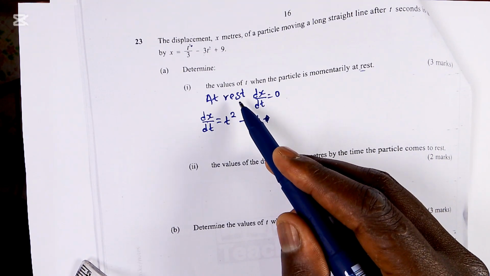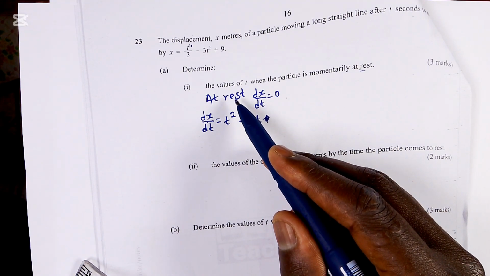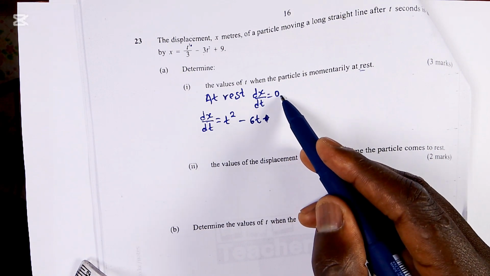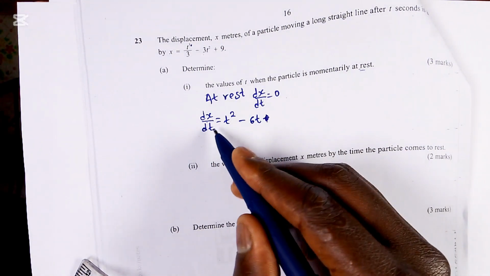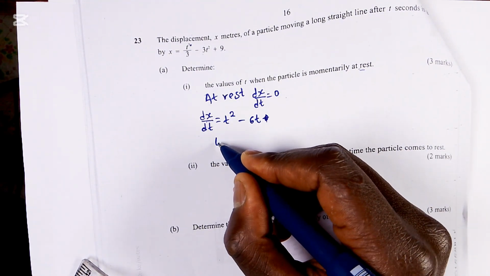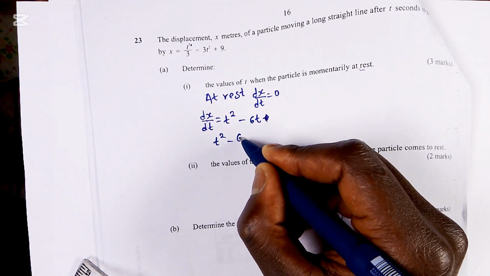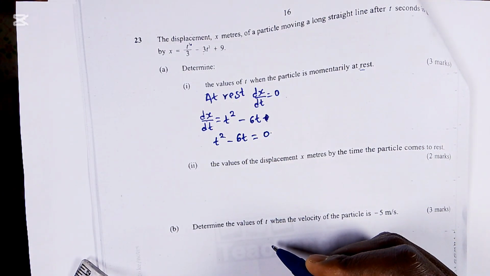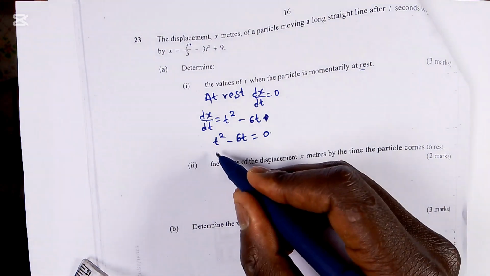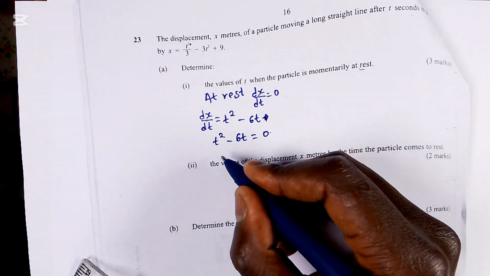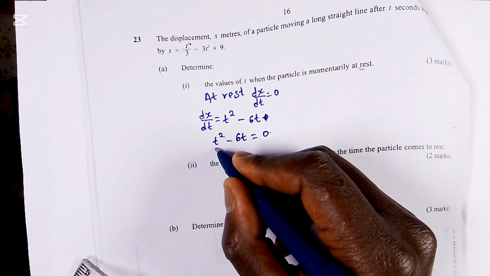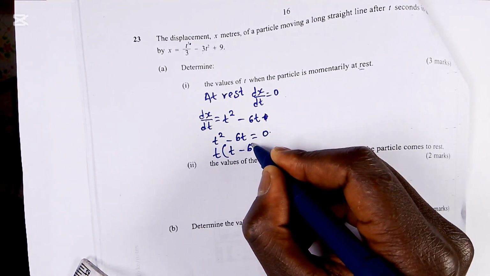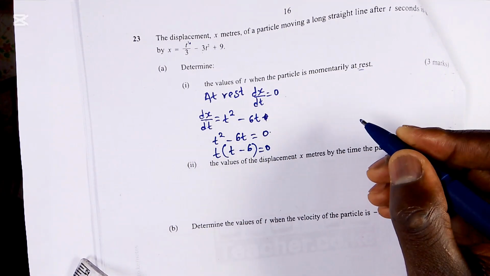momentarily at rest, and we are aware that when the particle is at rest, the velocity is 0. So we are going to equate the two expressions and have t squared minus 6t is equal to 0. And by having that, we are going to factorize this. It is a quadratic equation. We'll have t into brackets t minus 6 is equal to 0.